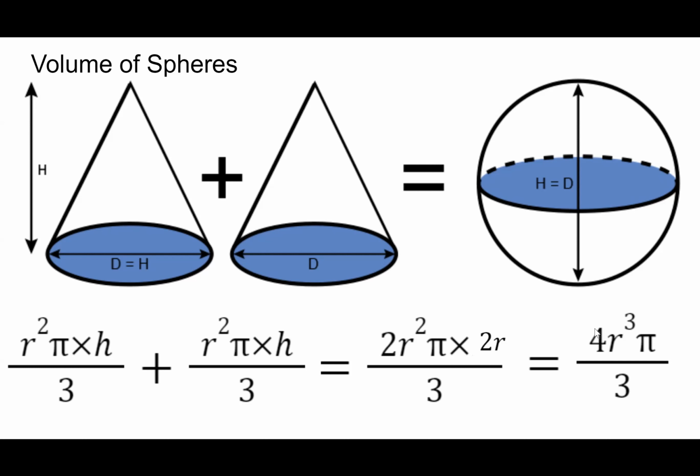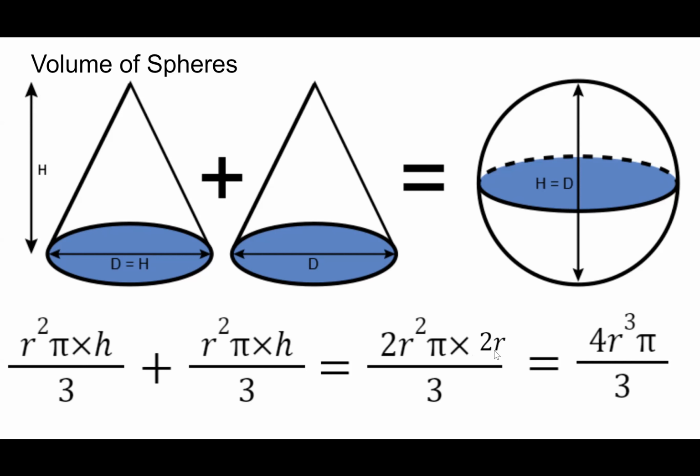Notice how in the r's, I just combined the exponents. And obviously the pi, you can see where the pi comes from. The formula I am going to use for spheres is 4 radius cubed pi over 3. And remember, we've been using 3.14 for pi.